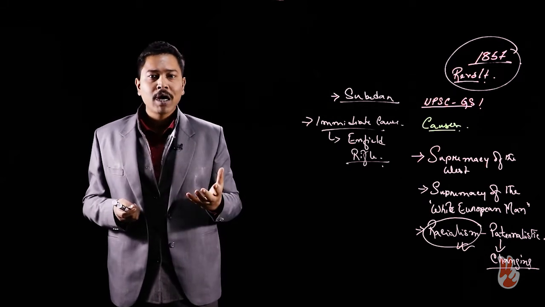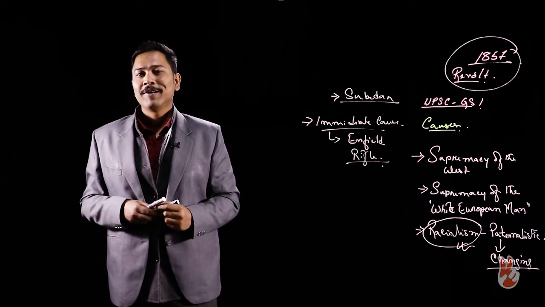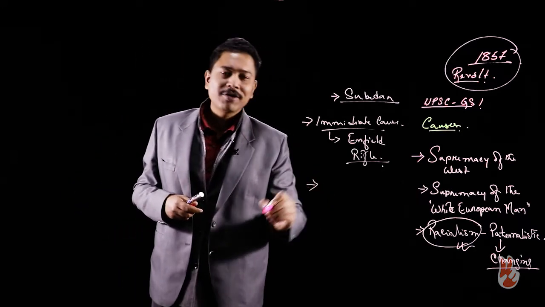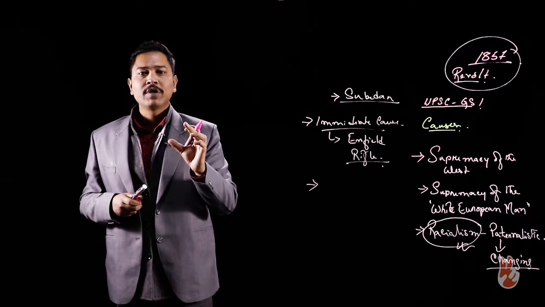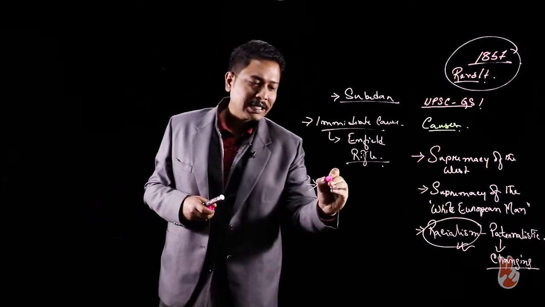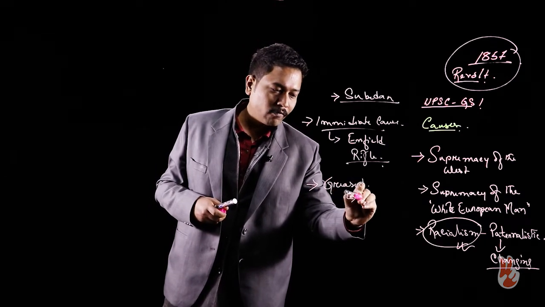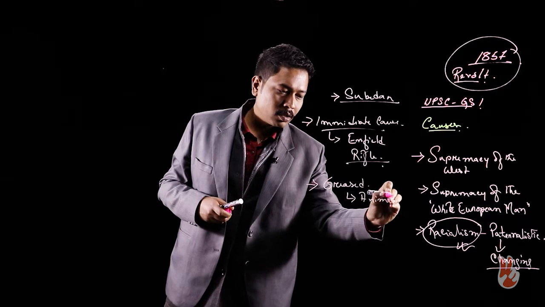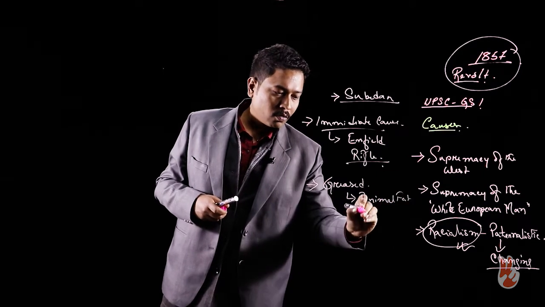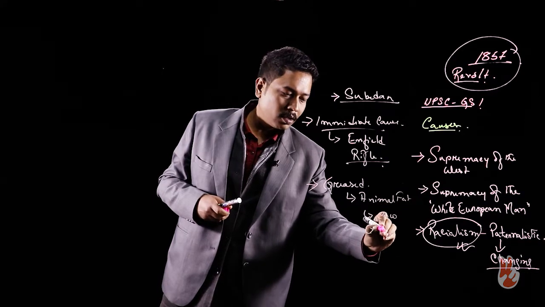It was a technological marvel introduced in India, but then rumors started circulating that the cartridge itself, within which all of these paraphernalia were housed, was greased with animal fat. What kind of animal? Cow and pig.